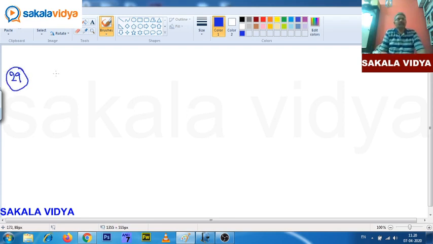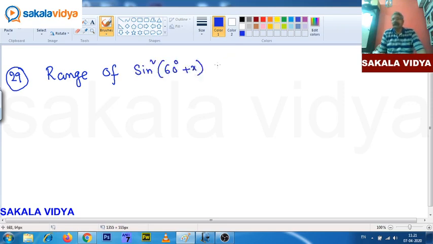Twenty-ninth question. Range of sine square of 60 degrees plus x minus sine square of 60 degrees minus x is minus k by 2 comma k by 2.